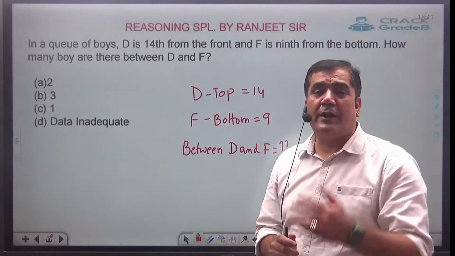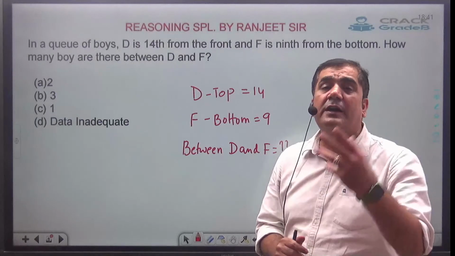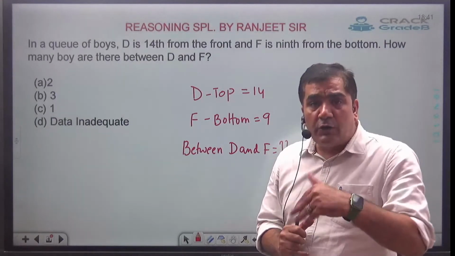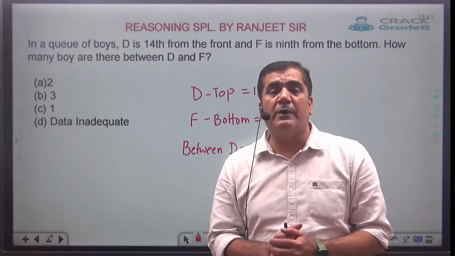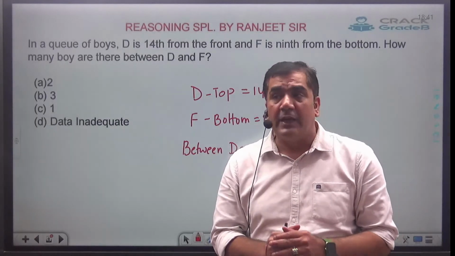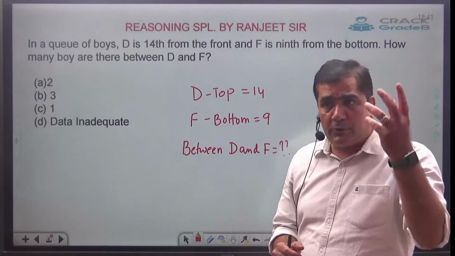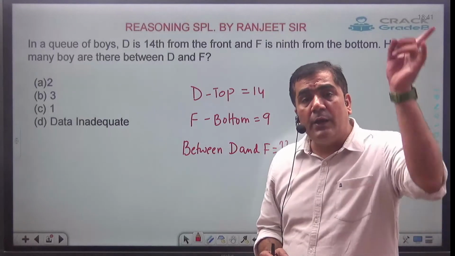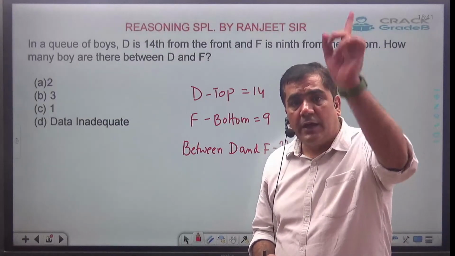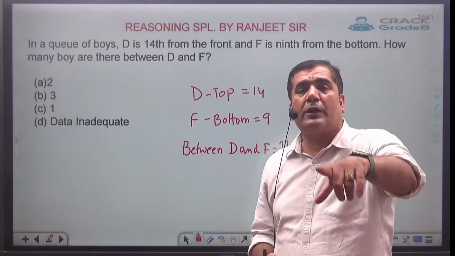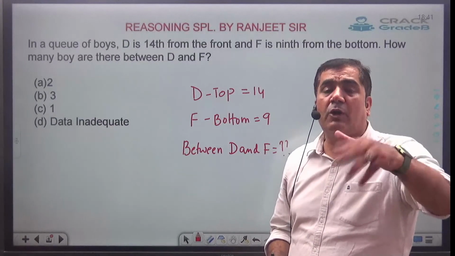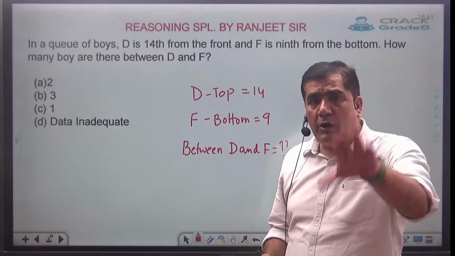Then how to find out whether case 1 is possible or case 2 is possible? You can determine this only if the total is given. If the total is given, then only you can find out whether case 1 or case 2 is possible. Now the only problem is what?